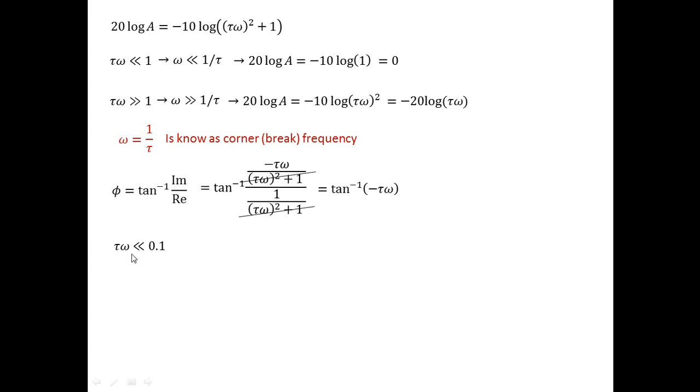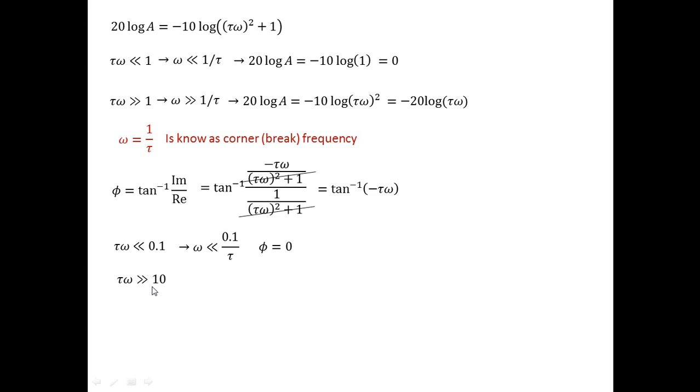In this case, if tau omega is much less than 0.1, or omega is much less than 0.1 over tau, phi will be 0, because tau omega is a very small value, almost 0, so tangent inverse of 0 will be 0.